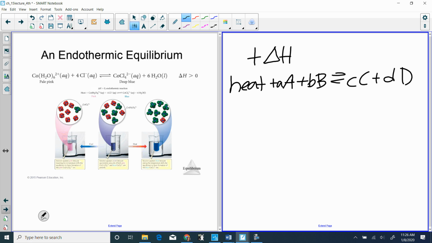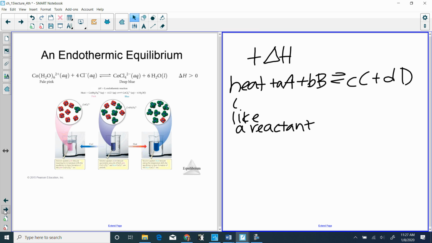That says heat plus A and B. We can't say it's an actual reactant because it's not a thing. It's just energy, but it forces the equilibrium to move.